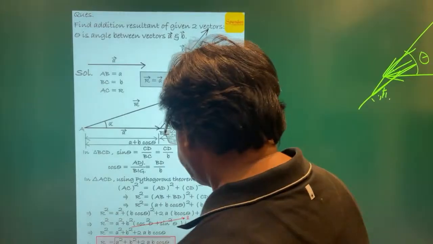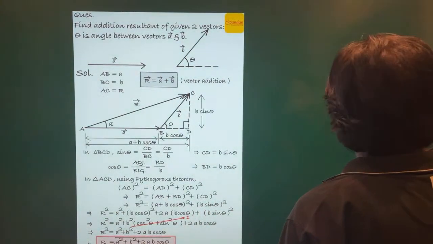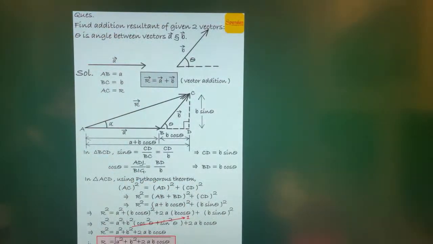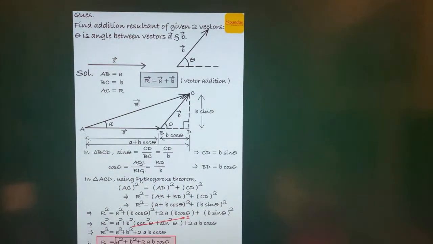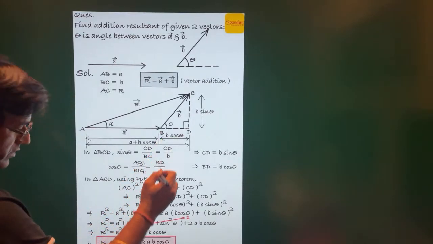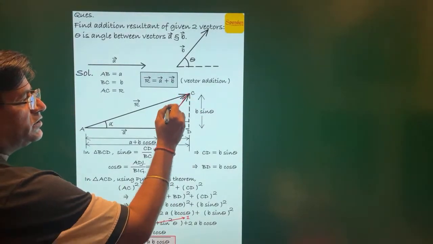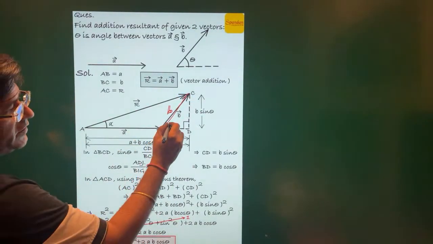So for this, what we see, we have constructed, we have made a right angle triangle. So first we see that this side is say B, so this BC, this side is B, and this is say theta angle.